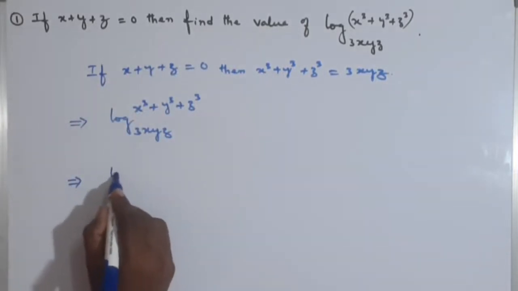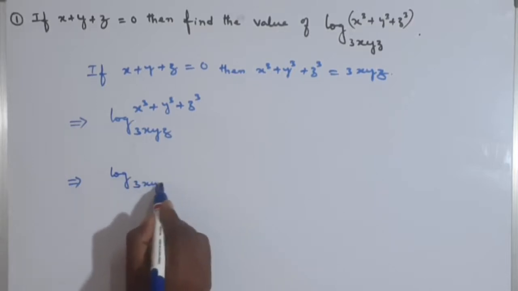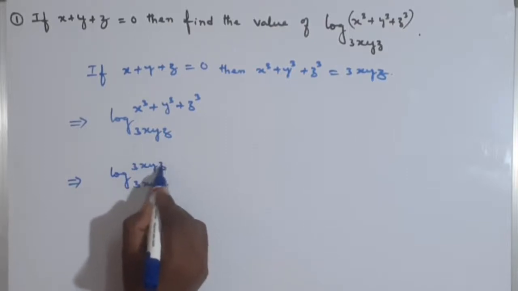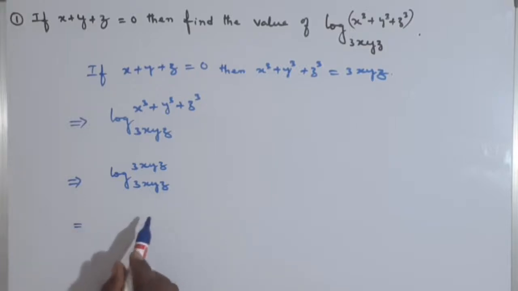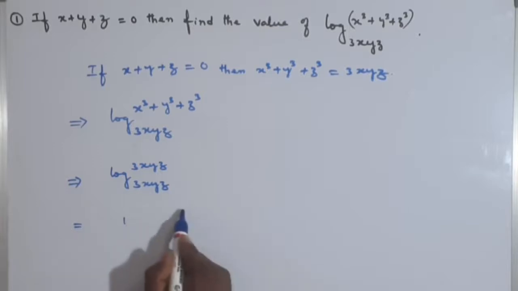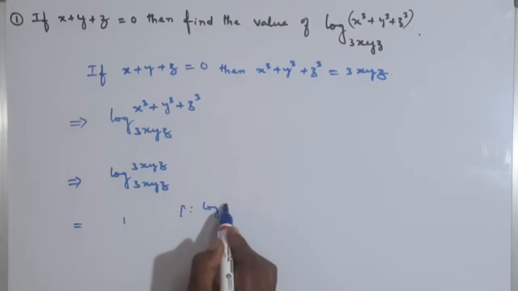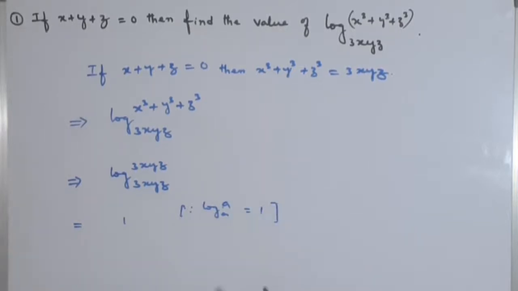So that implies log base 3xyz to 3xyz, these two are equal. So the answer is 1 by the formula log base a to a equals 1. Now this is the answer.